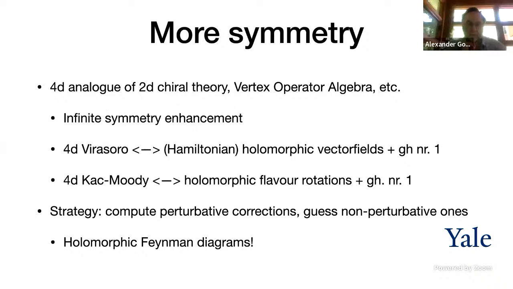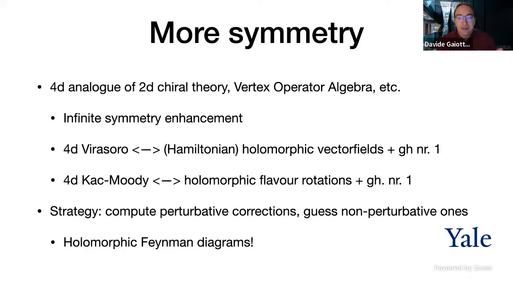Things like Hamiltonian holomorphic vector fields of C2, or holomorphic, position-dependent flavor rotations. And the story is way more derived than what we are familiar with in two dimensions. There are generators of ghost number 0 and ghost number 1. But still, it's a lot of symmetry, and we would like to understand what consequences it has.